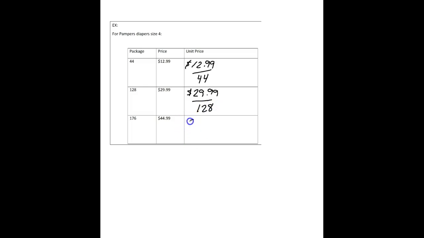And our last one is going to be $44.99 for 176. And again, I'm having a little problem with my pen here. Okay, so all we're looking for is what's the unit price? What's the unit rate for each of these?